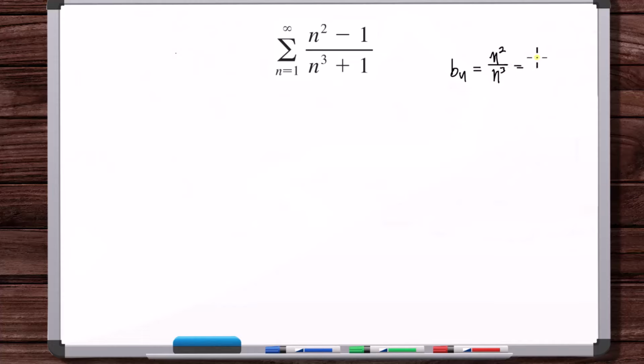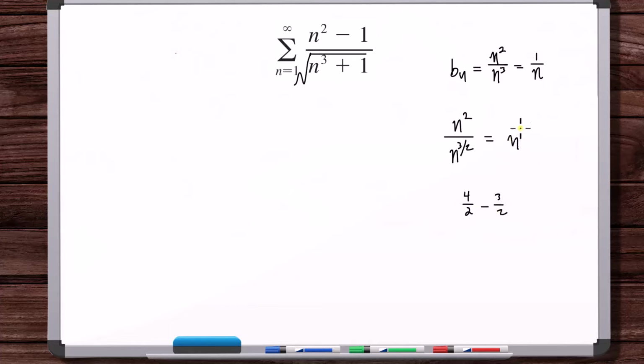So you've got 1 over n. You bring that in for comparison, and even if this is under a square root, you can still do the same thing, where the order of the numerator is 2 and the order of the denominator is 3/2. So this would be 2 minus 3/2.